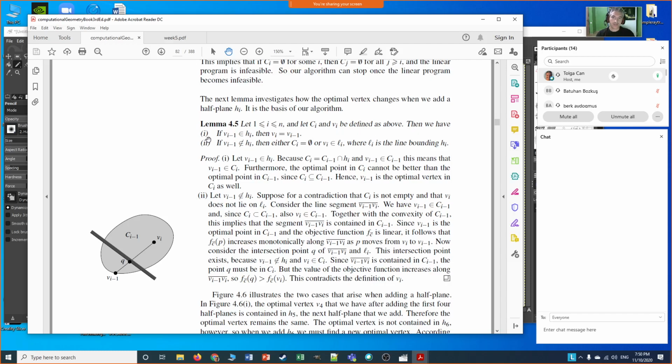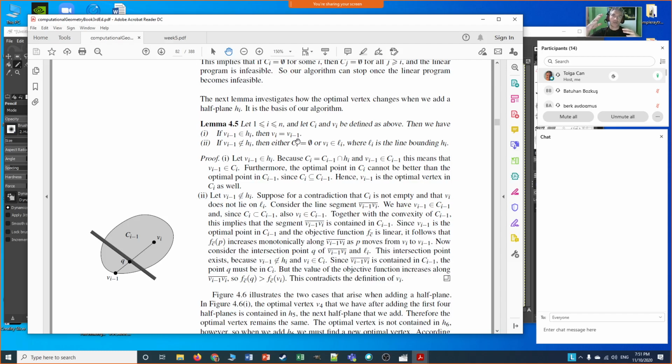Then this lemma states that if the previous extreme point is an element of the half space indicated by this constraint ci, then we don't need to do anything. The new extreme point will be exactly equal to the previous extreme point if it's already inside. So just think about it like that.